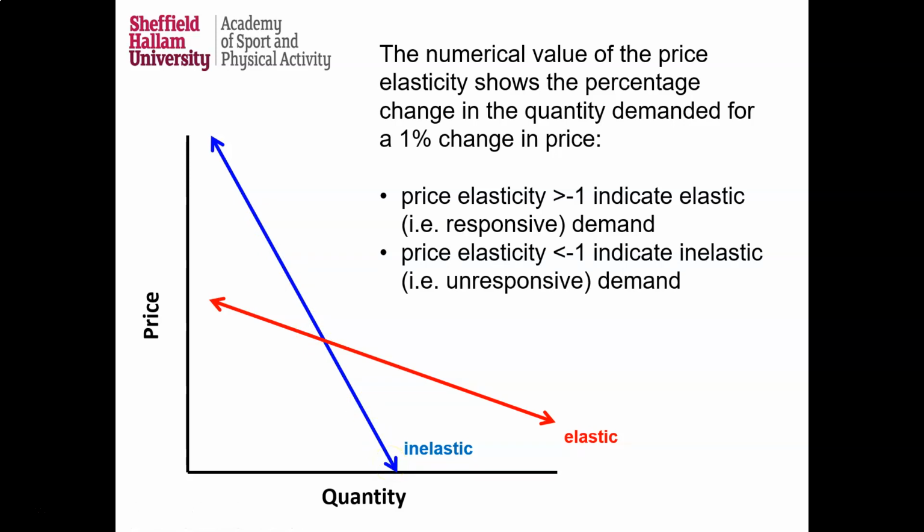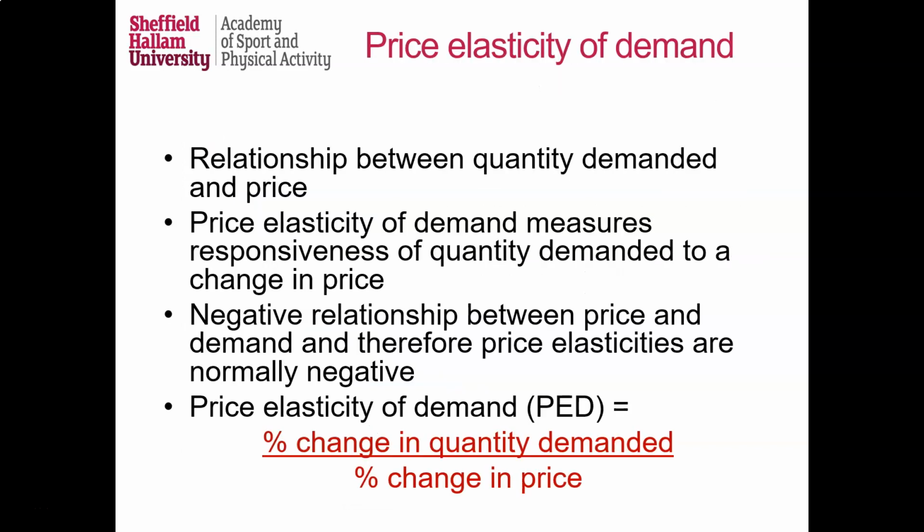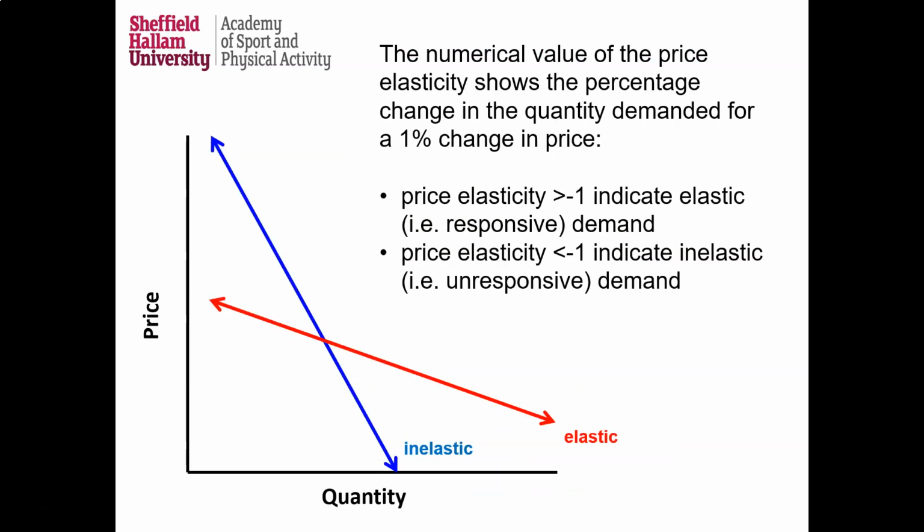So, price elasticity of demand, if we have a relationship between change in price and quantity demanded which is greater than 1, using the formula on the page here, then this indicates elastic demand, i.e. demand is sensitive or responsive to a change in price.